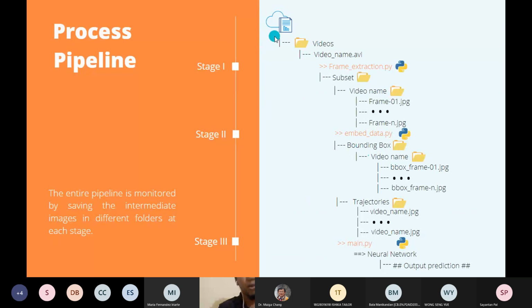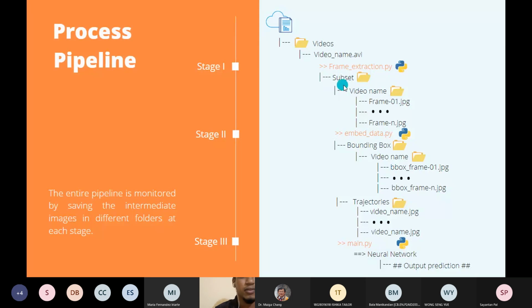From the cloud, we will download the dataset and store the raw videos in the videos folder, with different videos having different names. After that we use a Python file to extract random frames from the videos for the training process.